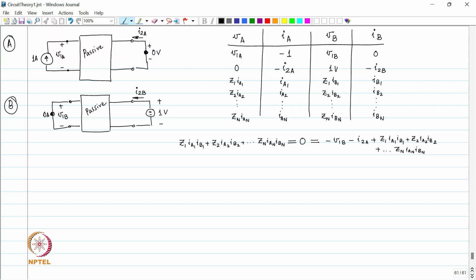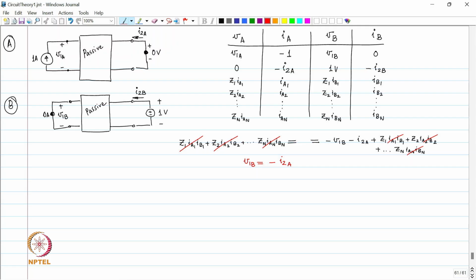Fine. And then what do you see? You see that all these terms cancel out from both sides. Of course, you ignore this 0. We don't need this 0. Okay. They cancel out from both sides, and then finally what do you get? V 1 B is minus I 2 A.